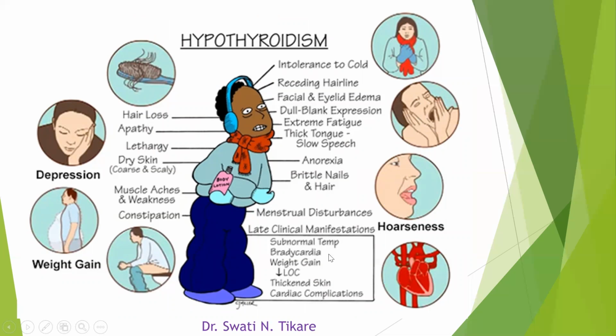Then subnormal temperature, bradycardia, weight gain, thick skin, all this. There is constipation, there is depression, and the person gains weight, loses hair, lethargic, anorexic, doesn't feel hungry. So these are all the features of hypothyroidism.